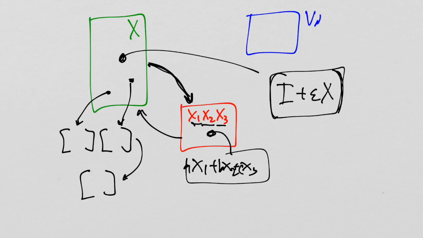So therefore, I can take I plus epsilon x and I plus epsilon x, and I can multiply them as members of the Lie group to get another member of the Lie group. This will not be a linear combination of x1, x2, and x3, however, because now I'm breaking out into a new form of operation defined in the group, not in the vector space.